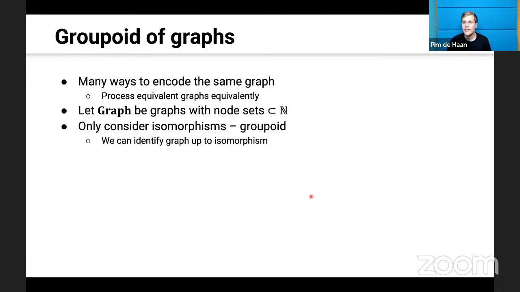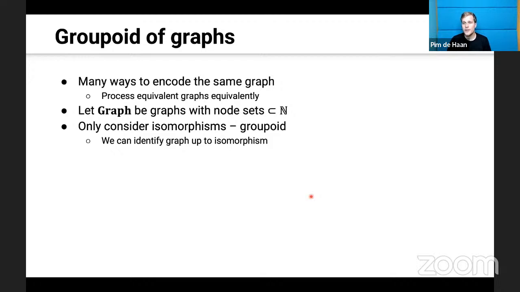So we call the category of graphs Graph, and we say that the nodes are labeled by natural numbers. And here we only consider isomorphisms. So we discard all the graph morphisms that are not isomorphisms. And this gives us a groupoid. The reason we do that is because whenever we see an arbitrary graph in our algorithm, we can, at least in theory, identify which isomorphism class it belongs to, but we can only identify it up to isomorphism.